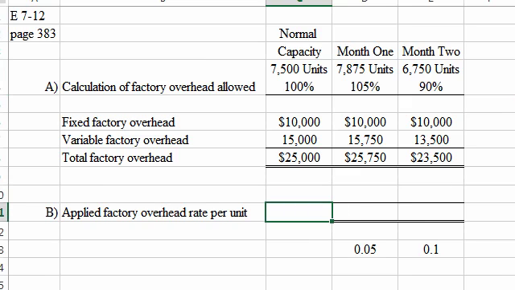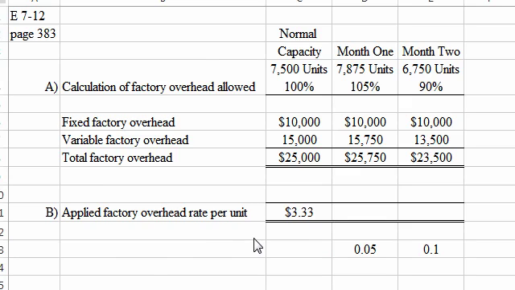So under normal capacity, our applied factory overhead rate per unit, or how much overhead we would include in work in process per unit at normal capacity, would be our 25,000 total factory overhead divided by our 7,500 units, and we get $3.33 per unit applied factory overhead at normal capacity.